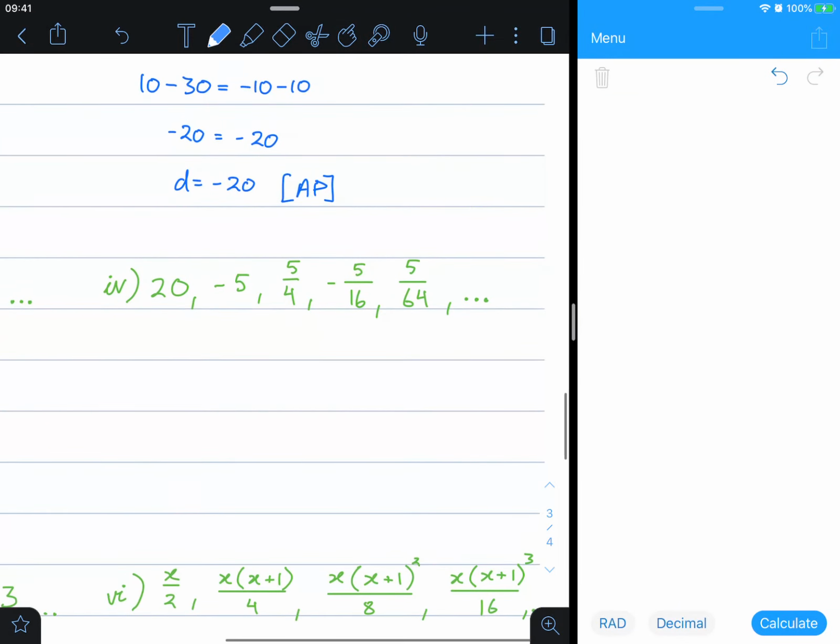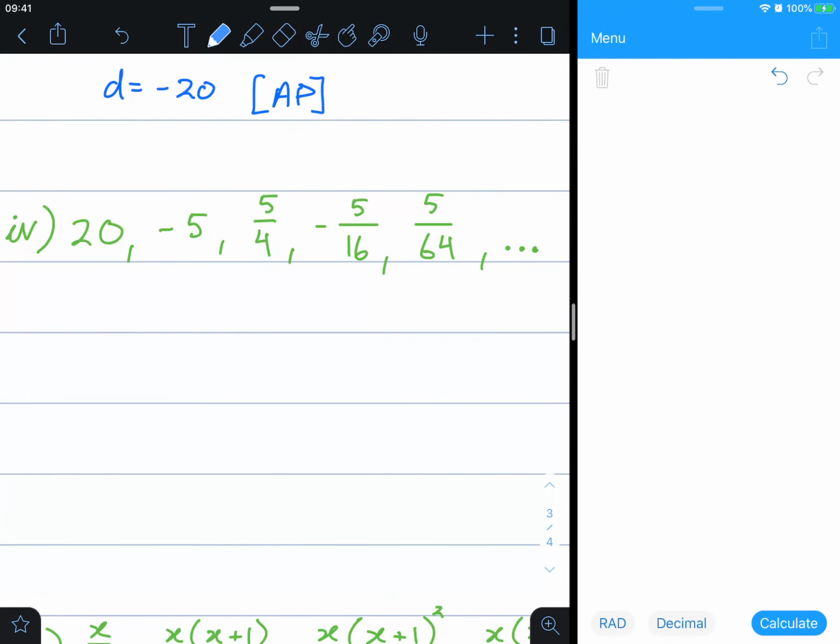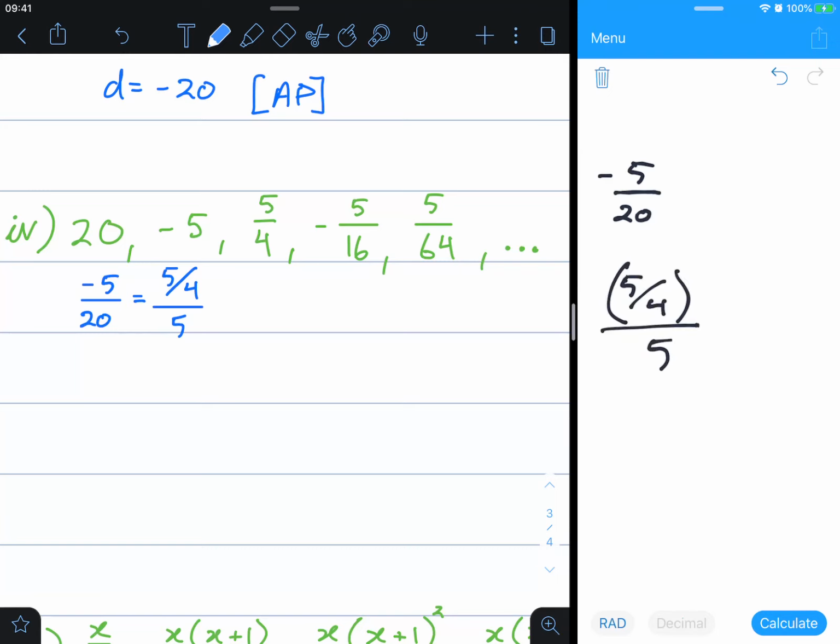Testing it for this one here. Once again, picking any number. Let's pick 5. So negative 5 divided by the previous should equal the following. So 5 over 4 divided by 5.